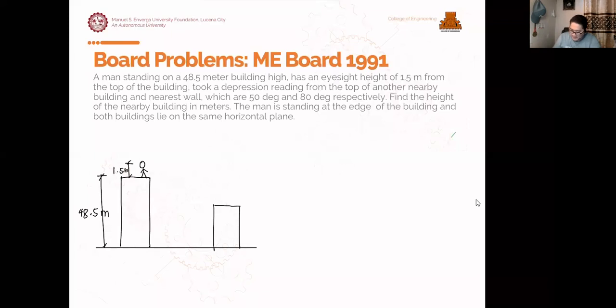Okay? And then may depression siya. So ibig sabihin pag depression mula sa level of sight natin, ang tingin natin is pababa, no? Dito. Okay? So ito ang yung eyeball natin, no? Yan. Depression natin is yung angle na ma-measure natin mula dito. Okay? And then pag tumingin tayo pataas, elevation yan.